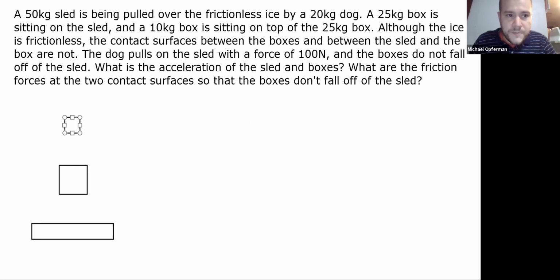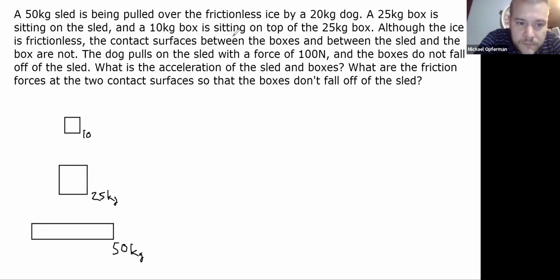Again, I'll space it out a little bit. And let me make note of the masses so that I can keep track of everything. So this is the 50 kilogram sled. This one here is the 25 kilogram box. And this one here is a 10 kilogram box.